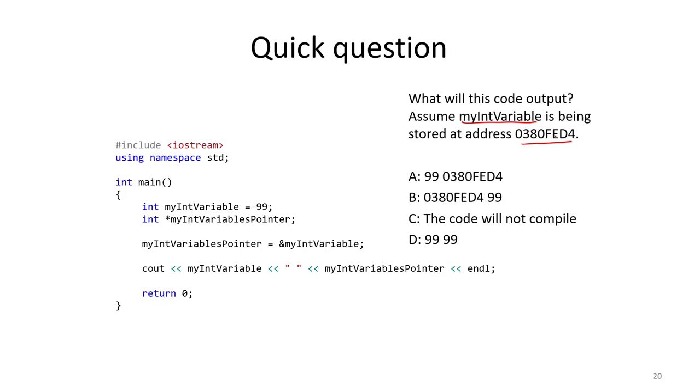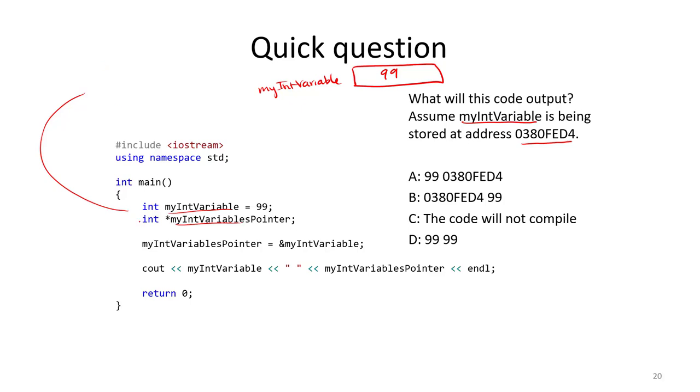So notice what's going on in this program. We've declared something called myIntVariable. This is just an int value. I've declared some variable named myIntVariable, and I've assigned it the value 99.